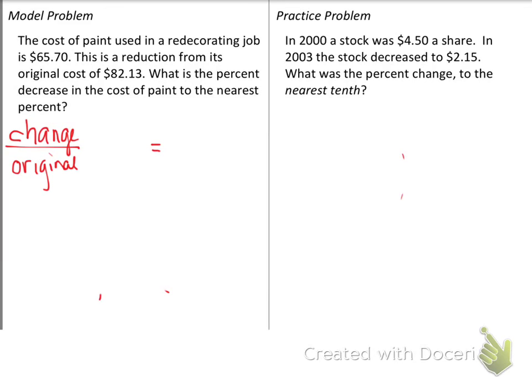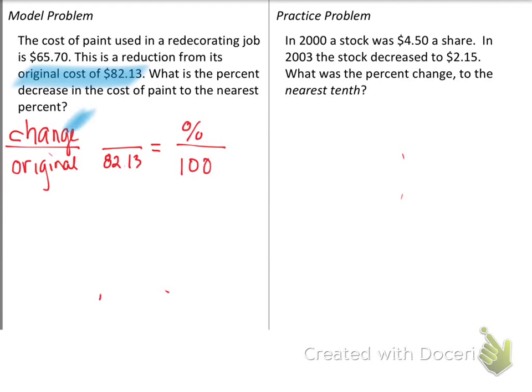So when I write my proportion, the percent of change is what I don't know. And percent's always out of 100. So I know the original cost is $82.13. Alright, so the original cost is $82.13.